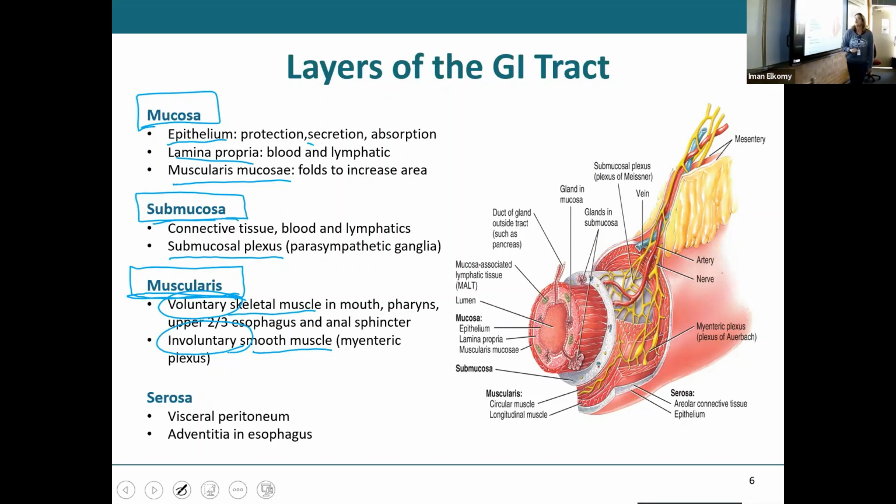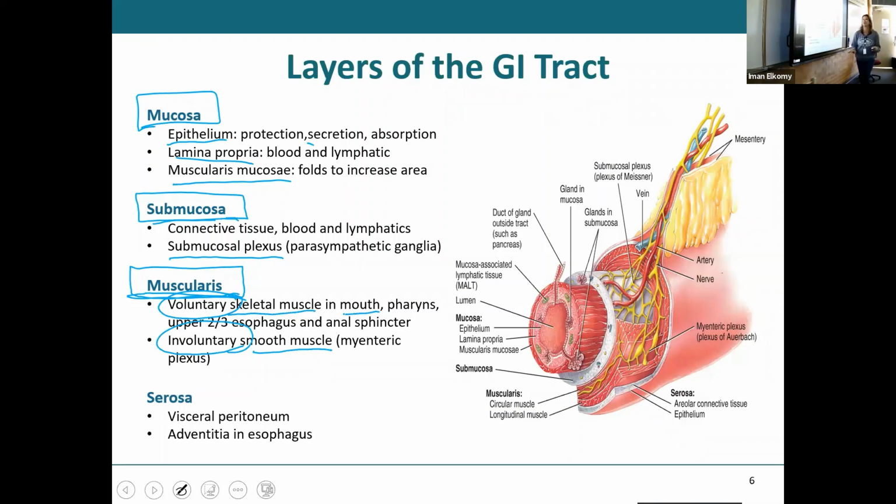Now, where can we find this voluntary skeletal muscle? Well, places like the mouth, the pharynx, and even the upper 2/3, although it's really mainly the upper 1/3, but the top part of your esophagus also has skeletal muscles. So your tongue, we can actually chew and move things around purposefully. That is skeletal muscle. Then once you get to about midway of the esophagus on down, it is all smooth muscle. We have no control over it.